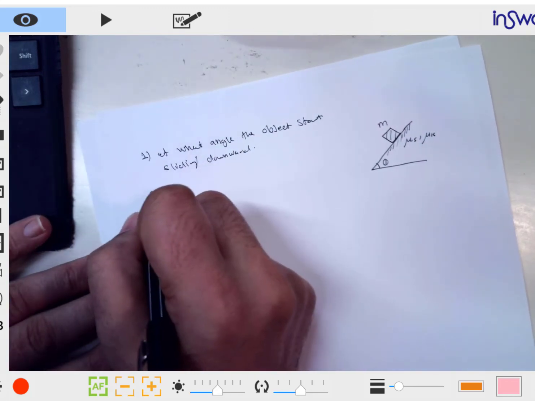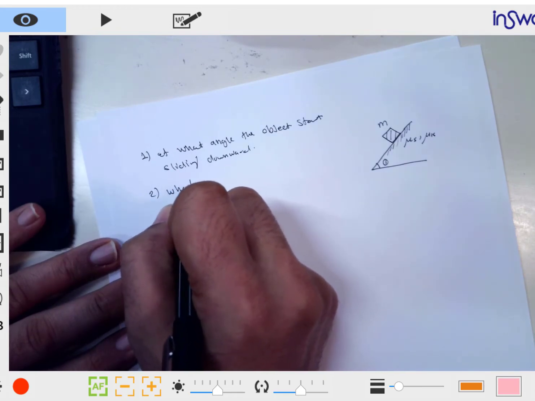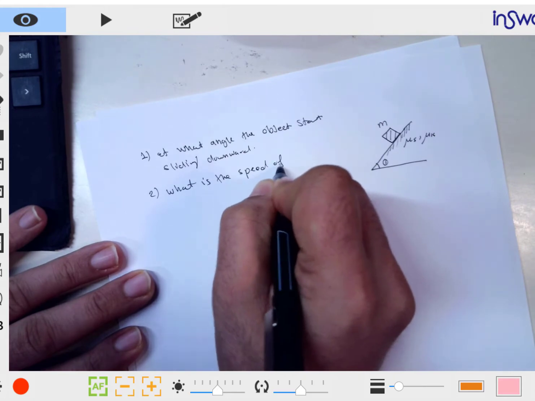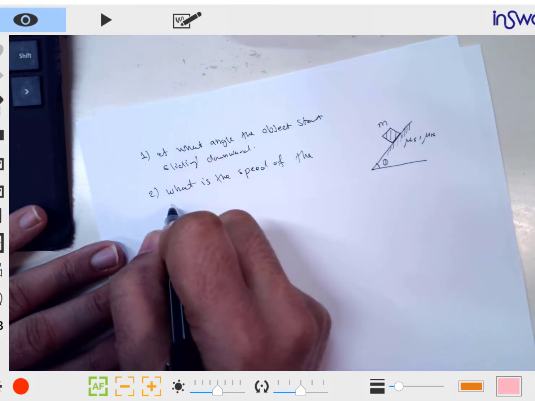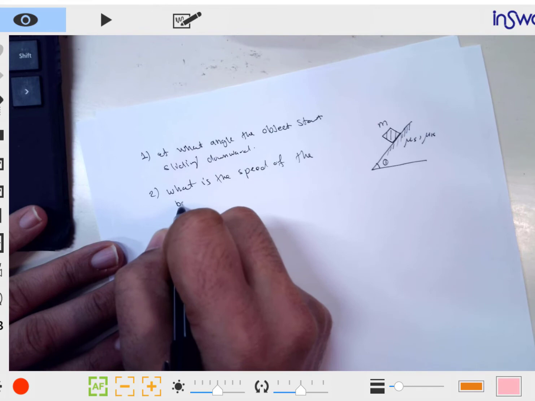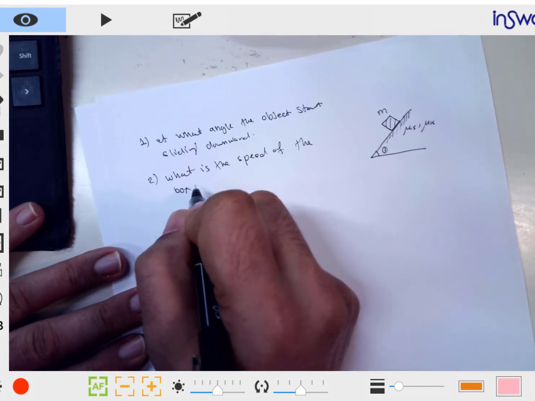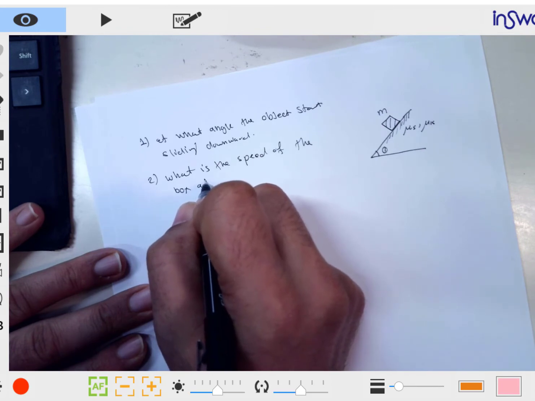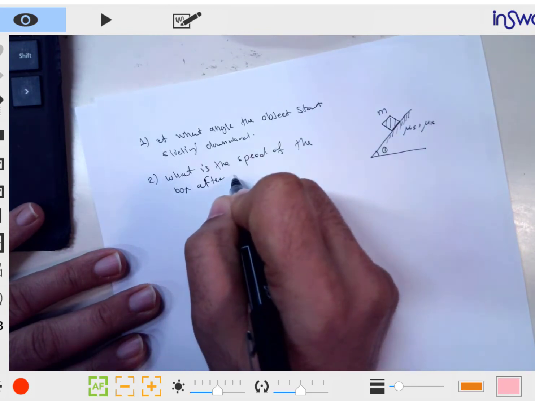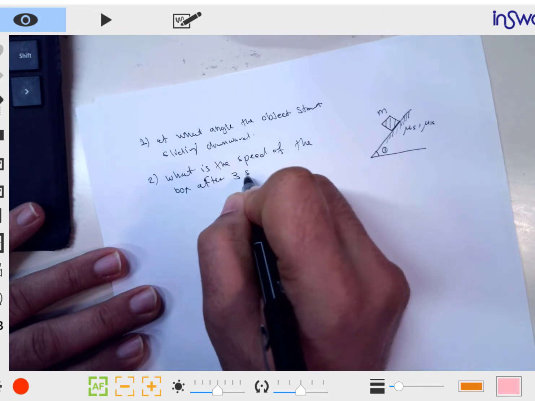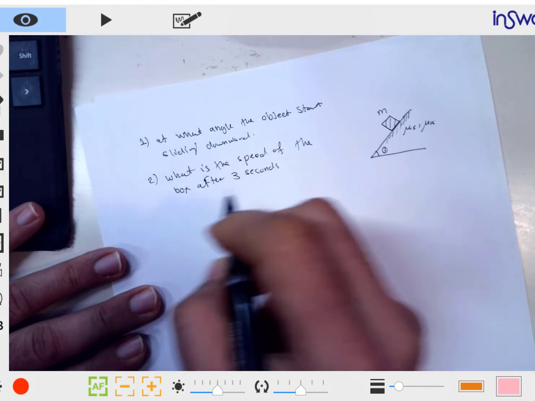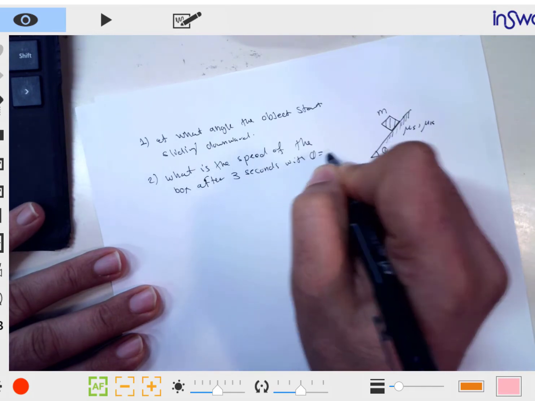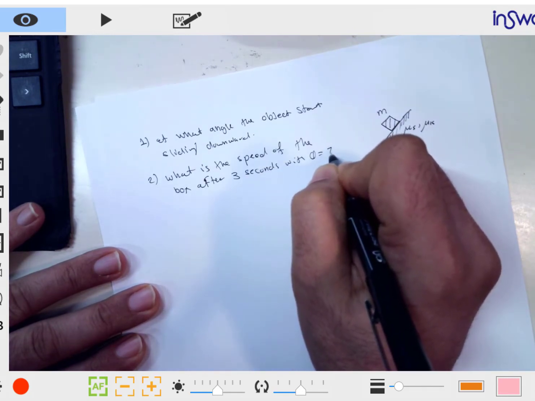Okay. Second, what is the speed of the particle or block or box after 3 seconds with angle theta equal to 70.